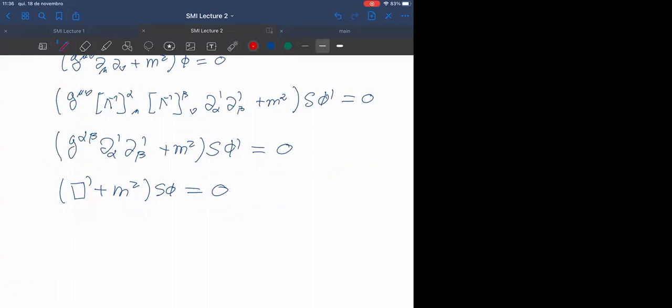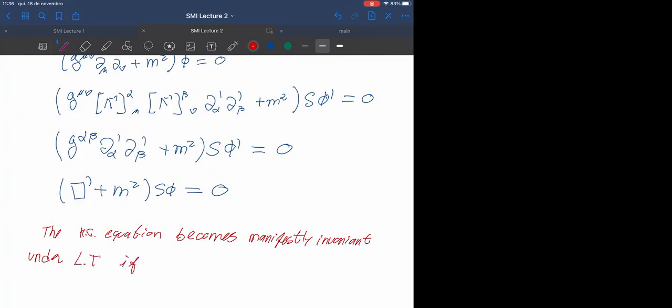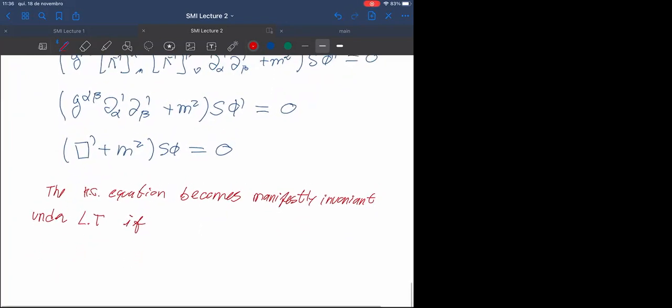If something happens to S, basically, the Klein-Gordon equation becomes invariant under Lorentz transformations if the following property holds.